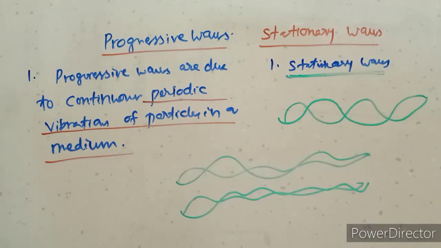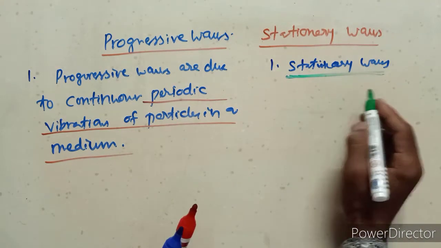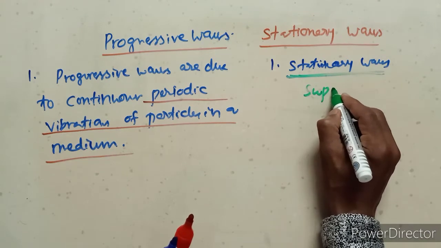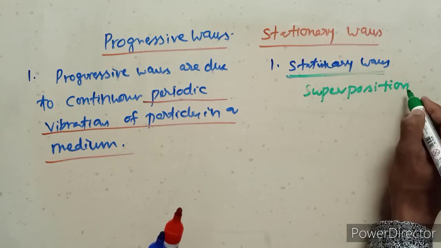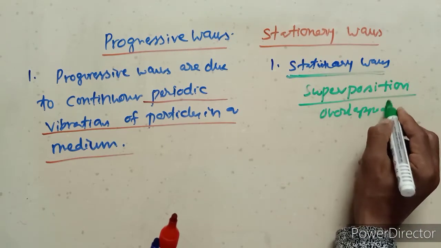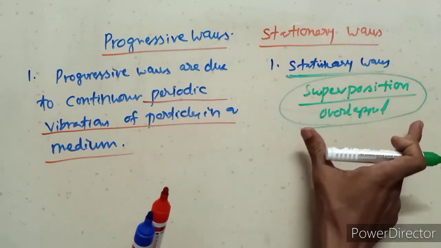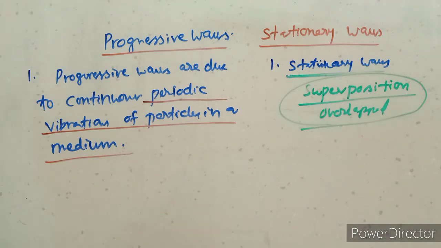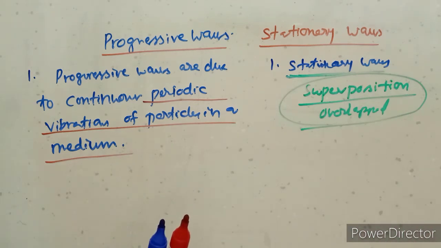So the stationary waves are produced due to superposition of similar waves, superposition or overlapping. Similar waves means waves of similar frequency; the combination of waves of similar frequency is called stationary waves.